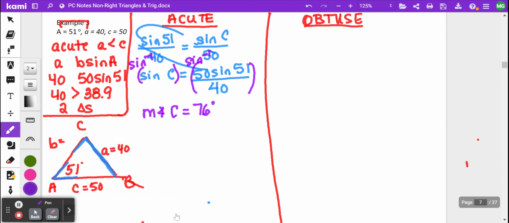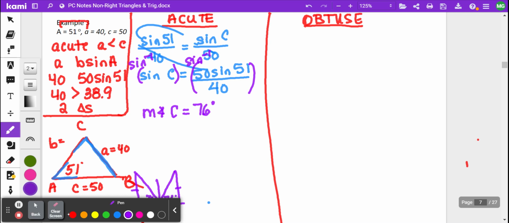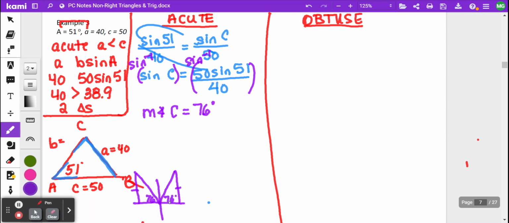But here's the deal. Because our calculator defaults to the first quadrant, we have to think about what other angle would give us the same value here. We're dealing with sine, and we know sine is height. So we have a 76-degree angle here. Well, in quadrant 2, we would also have the same height. So what angle gives us a 76-degree reference angle in the second quadrant?